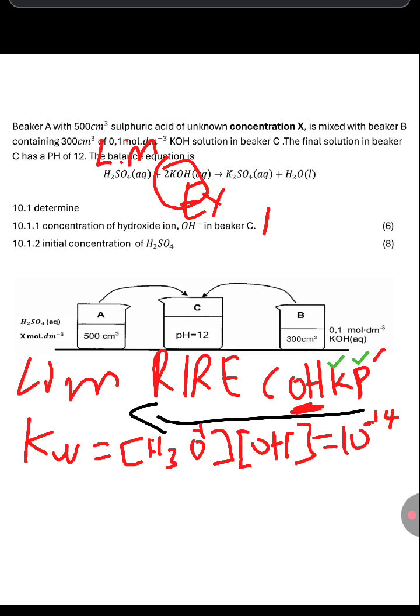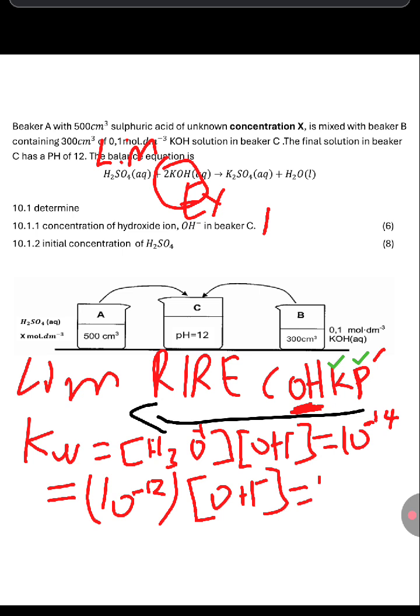All right, then the concentration of hydronium ions was 10 to the power negative 12. Write 10 to the negative 12 in circle brackets. When you substitute a value, use a circle bracket. Times the concentration of OH is equal to 10 to the power negative 14.